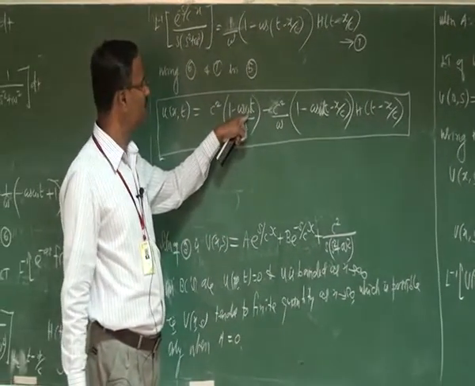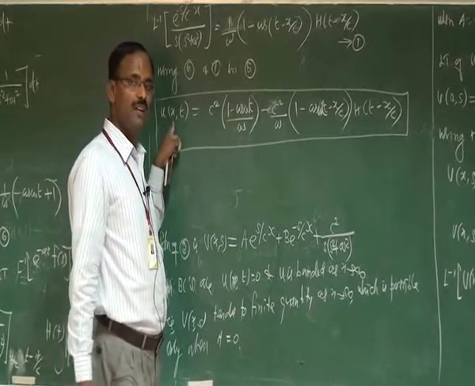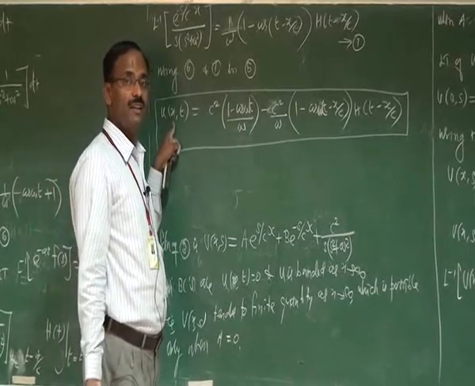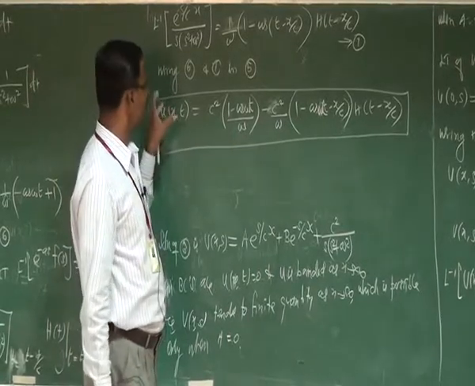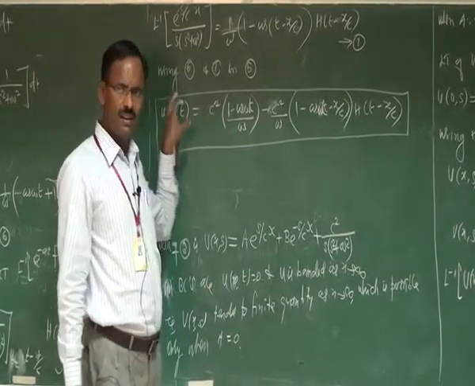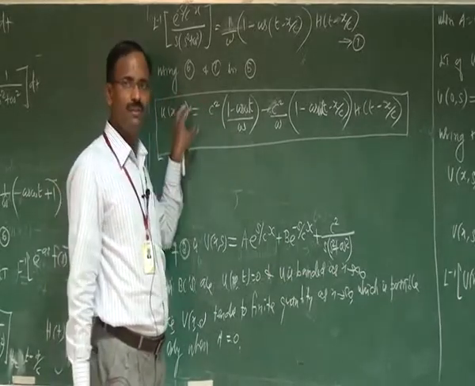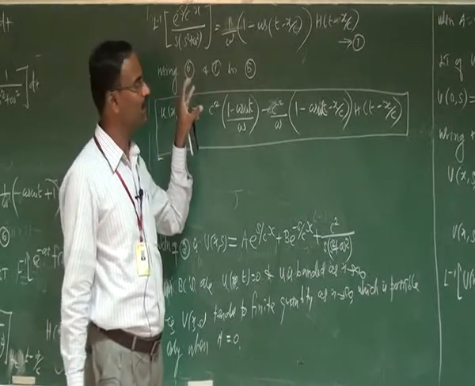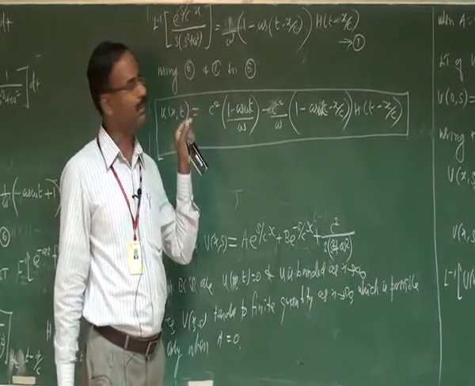Here t equal to 0 means cos 0 is 1, so 1 minus 1 is 0. Therefore, u of x comma 0 is equal to 0. So hence it satisfies the given initial and boundary conditions. This is the perfect solution which satisfies the given one-dimensional wave equation by the Laplace transform method.